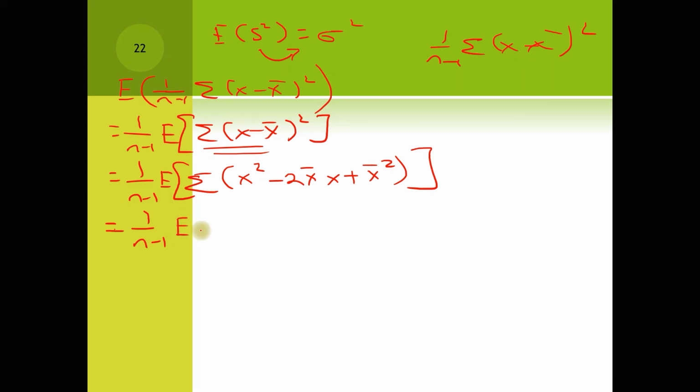We have the expected value of, we bring the summation inside here. So we get the sum of x squared minus 2x bar sum of x plus sum of x bar squared. This is what we get.